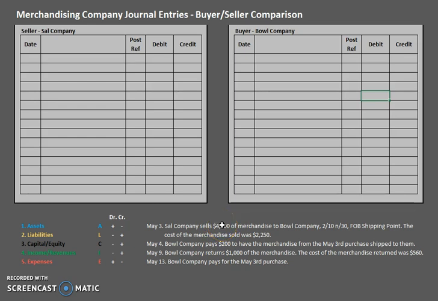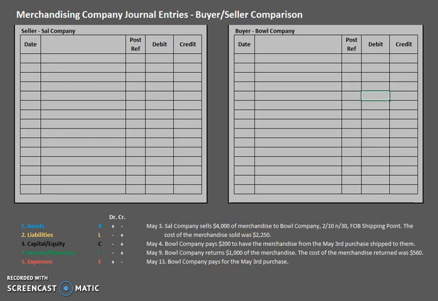However, you do not know how much the company you're buying that merchandise from originally paid for it. So would the buyer really know anything about this $2,250? No, this is something that the buyer would not know about. So this is only going to be journalized from the seller's perspective, this second half here.